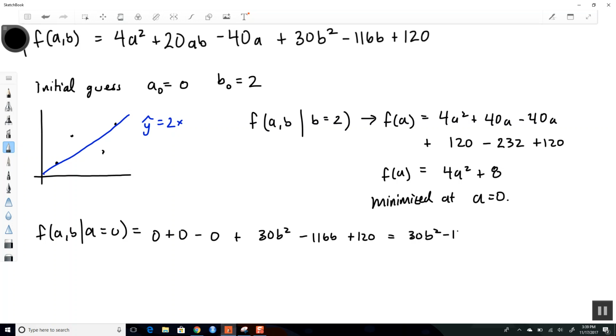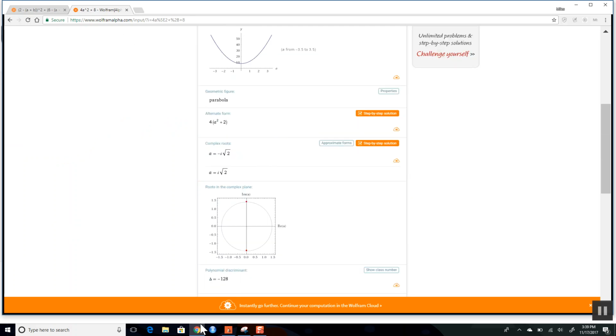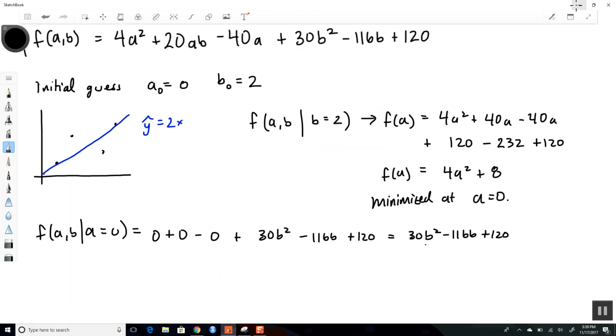And then we'll ask Wolfram Alpha to minimize that. For any of these things, we could use golden section search to minimize the function, or we could use Newton-Raphson method, or whatever we want to do. We just have to minimize this function with respect to b.